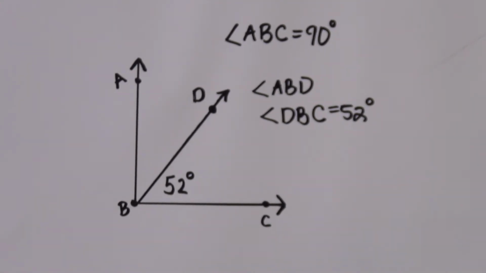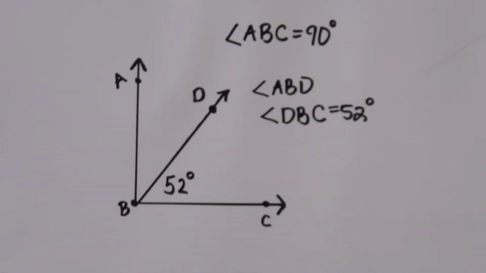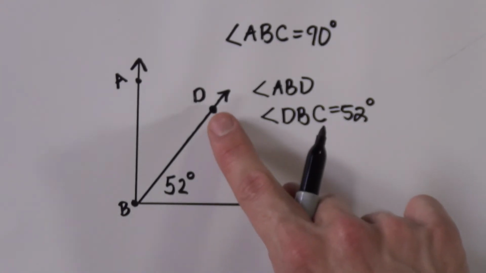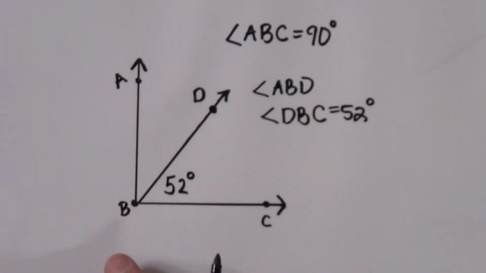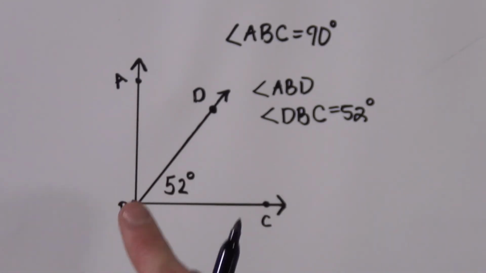A test question, or what you can pose to your students, would be, what is the measure of angle ABD? They would be told angle ABC is a 90-degree angle, and we know that DBC and ABD are complementary. So what is the measure of angle ABD?